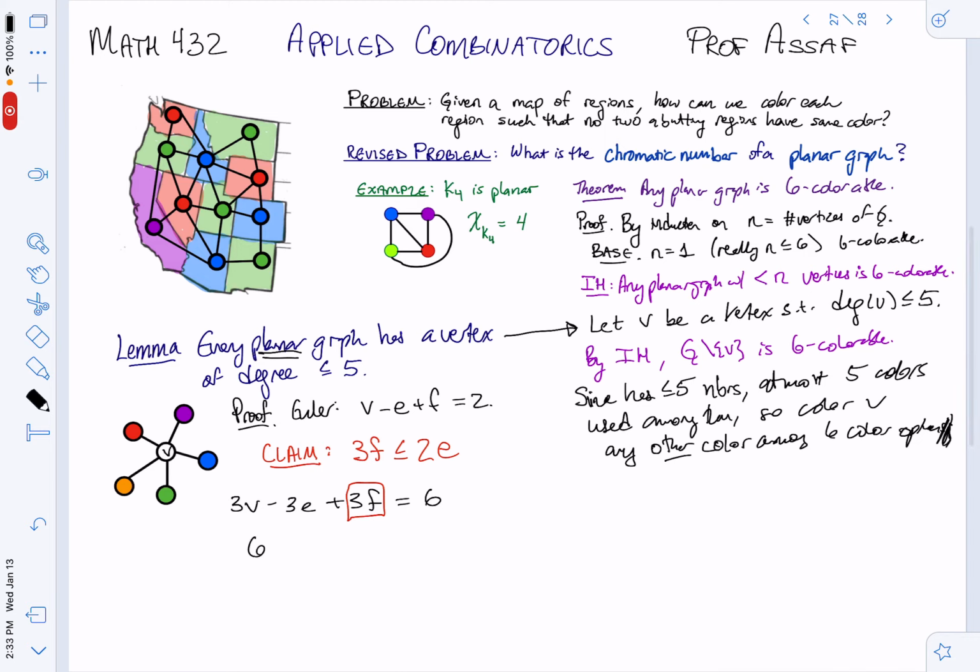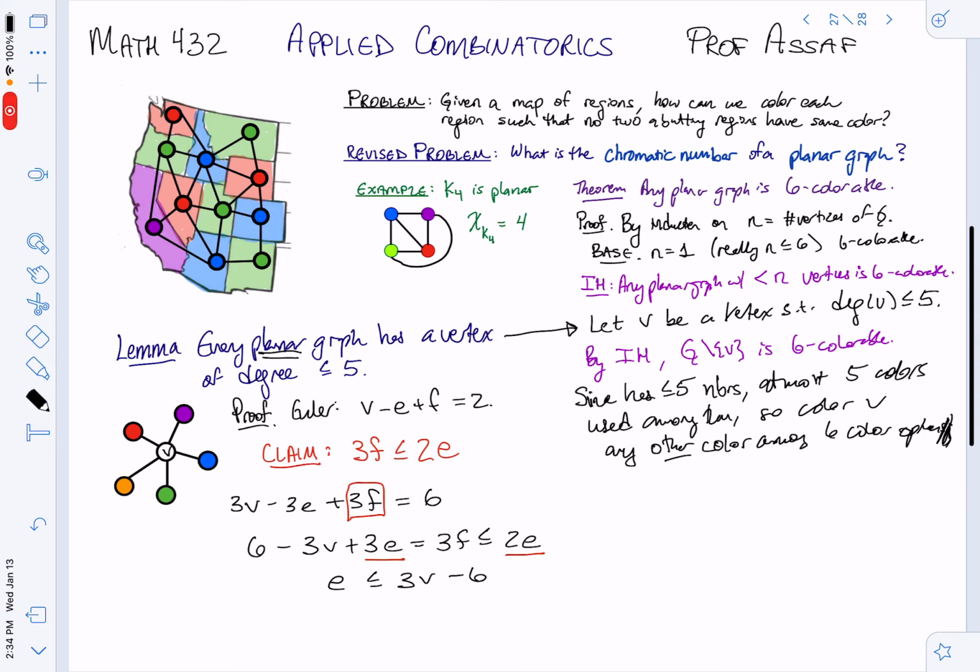So we're going to get 6 minus 3v plus 3e equals 3f, I think I messed that one up, which is less than or equal to 2e. Now I want to take this and solve for e, okay? So I'm going to get e on the one side. 3e minus 2e, that's just going to be e on the left, is less than or equal to 3v minus 6.